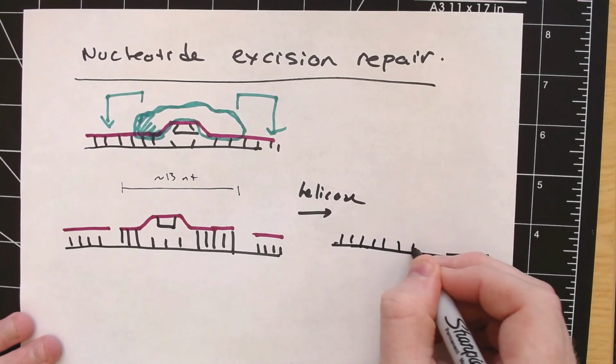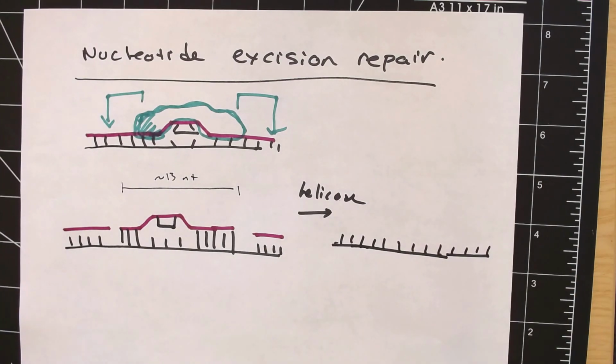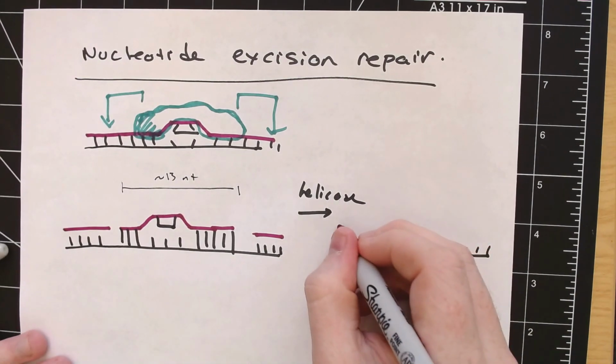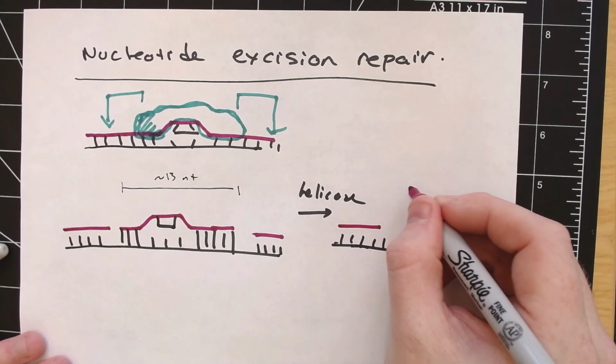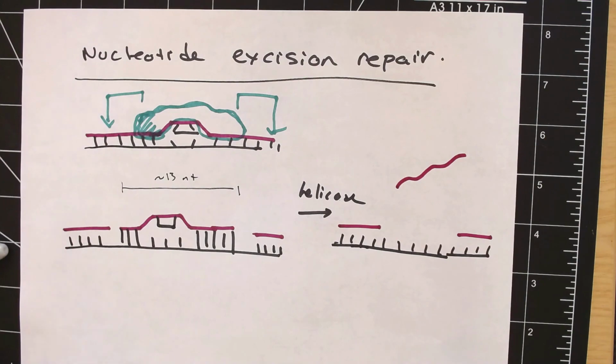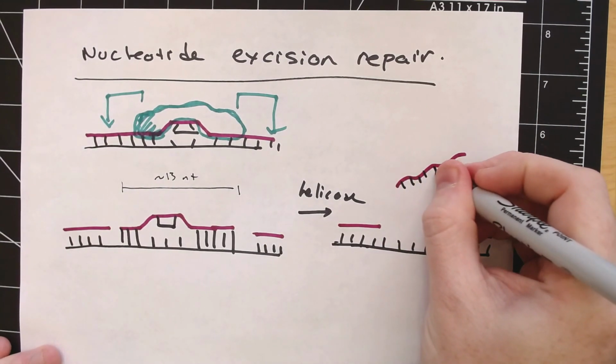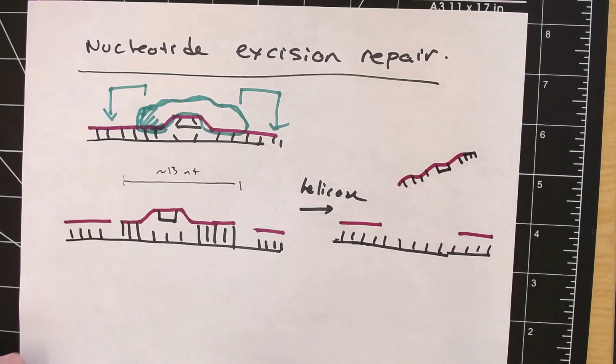So we have now this side, and we have the two halves there, and then we've got displaced now that 13 nucleotides that has that dimer in there, you see here.